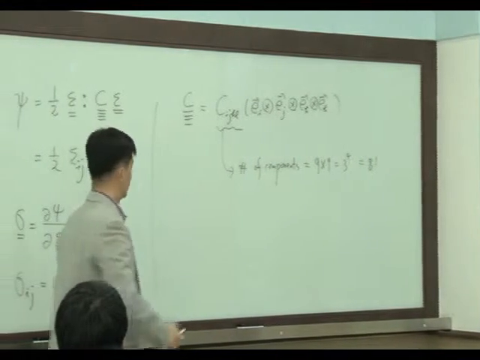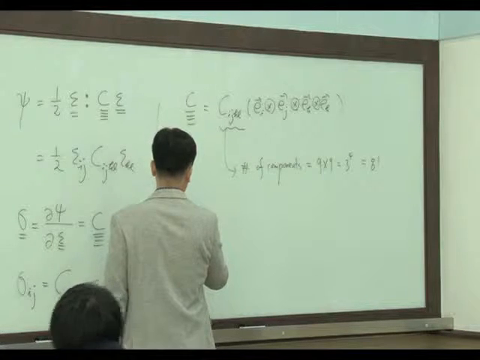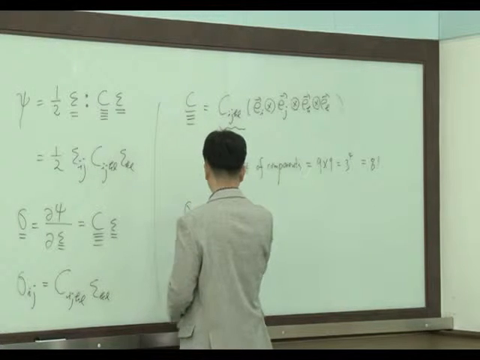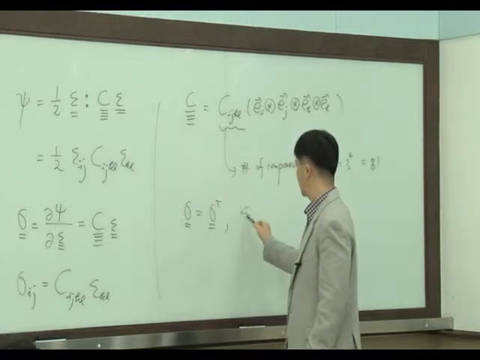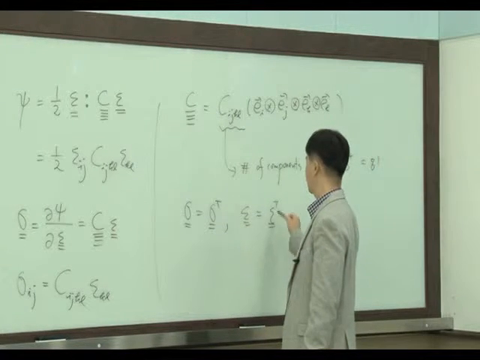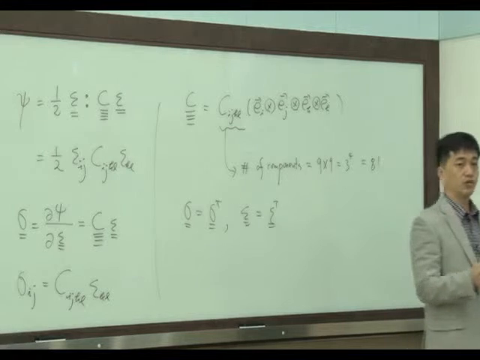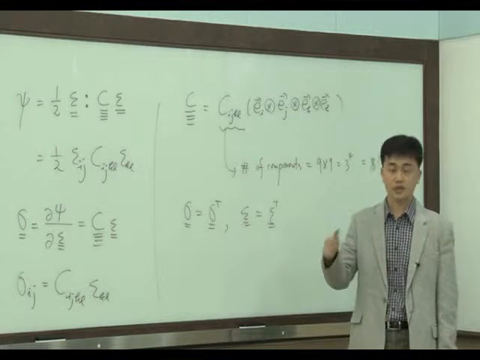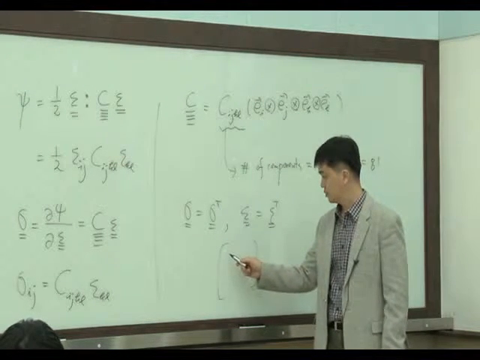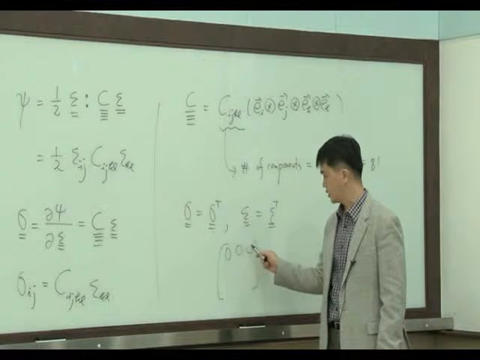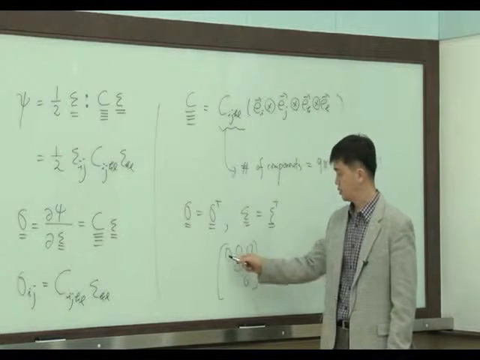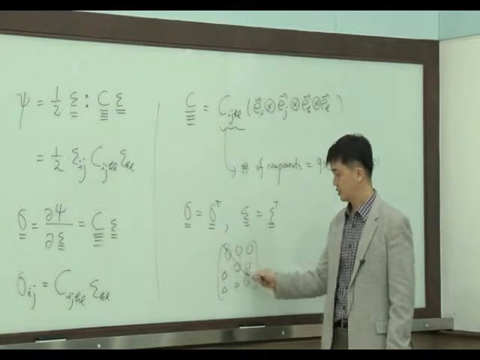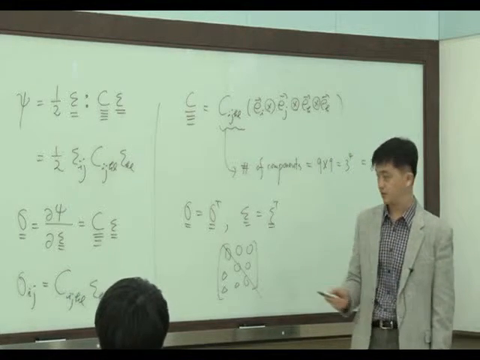But we know the stress tensor is symmetric. The strain tensor is also symmetric. It means we have only 6 independent components for stress and strain because it is symmetric, right? Once we know these 6, we can find the other 3. This is symmetric: 3 diagonal, 3 off diagonal.